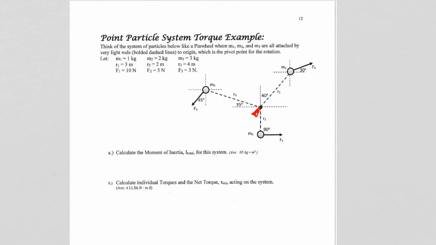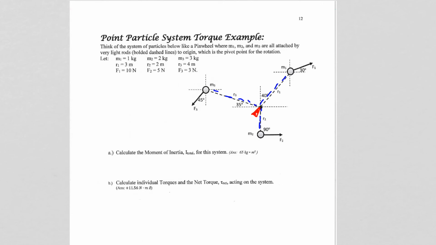I'm going to put them in as light blue for right now. You don't have to put them in light blue, but those blue lines are the light rods of the pinwheel, and the pinwheel has these masses.